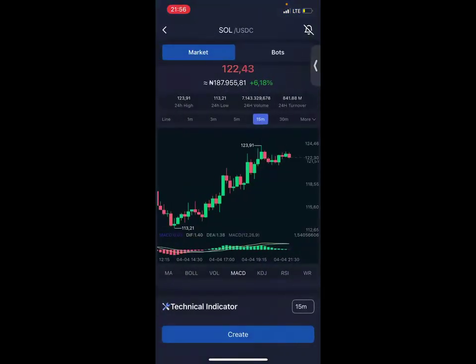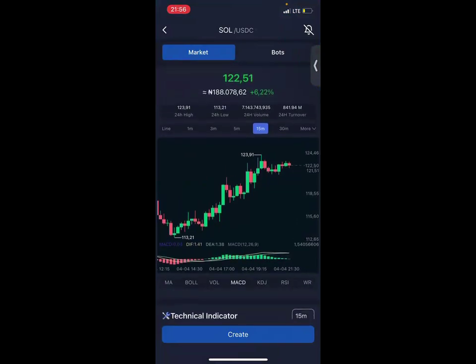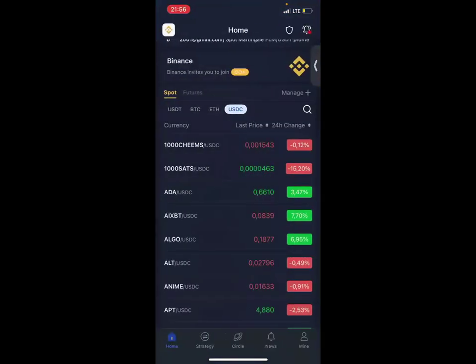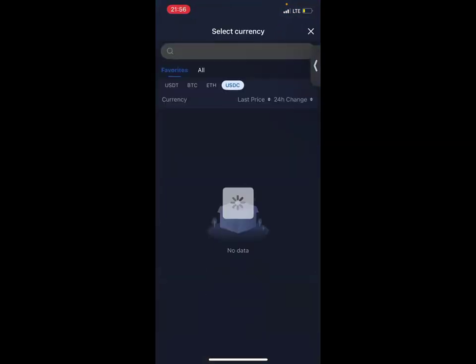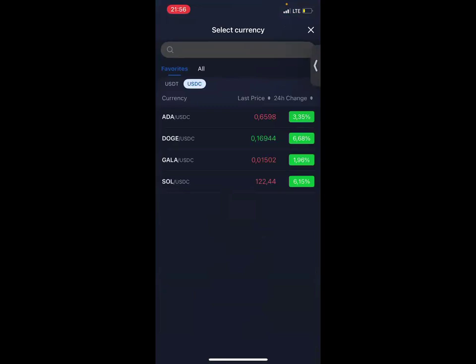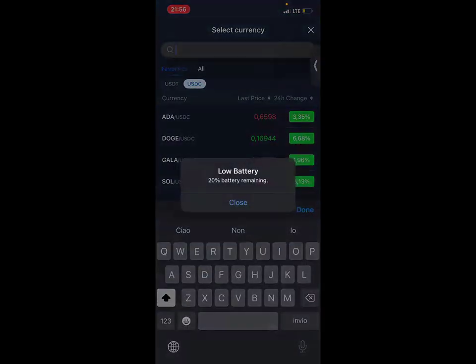So we talked about the MACD indicators and how we can use it for this particular pair, which is Solana. And then we have our leader also who said BNB. So let's go for BNB and actually see what BNB is doing at the moment.